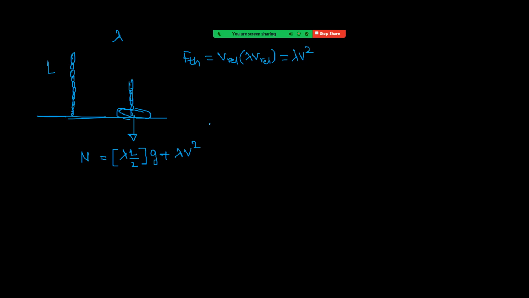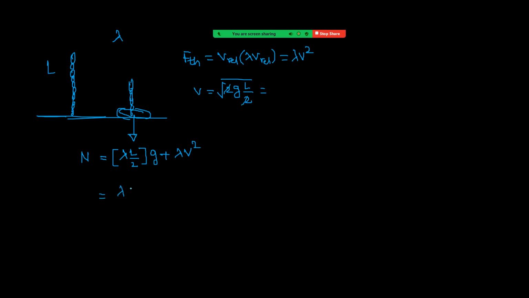Now in place of V, half part on the table means velocity equals root of 2 G H with H equal to L by 2. So V equals root of GL.